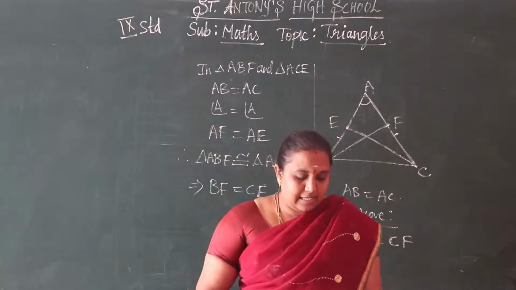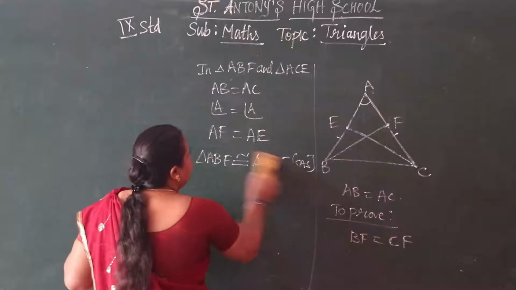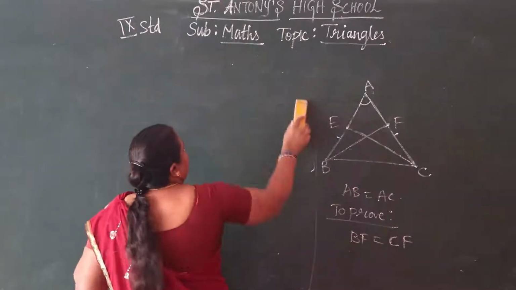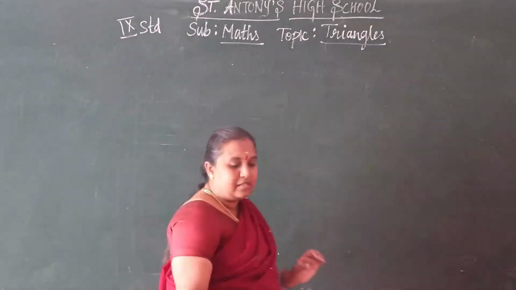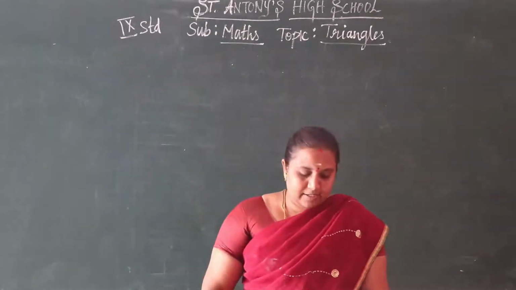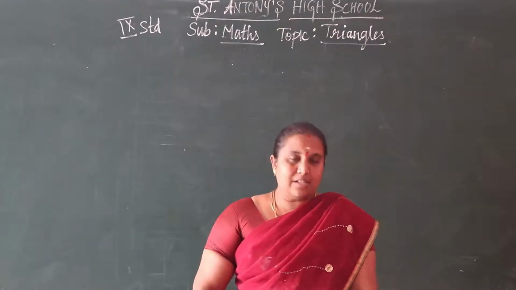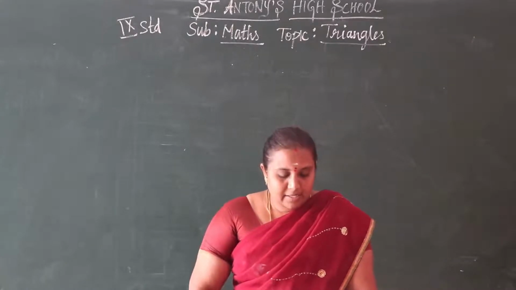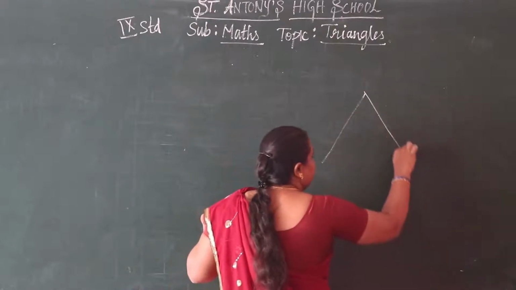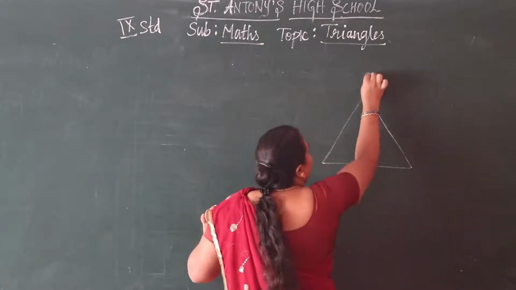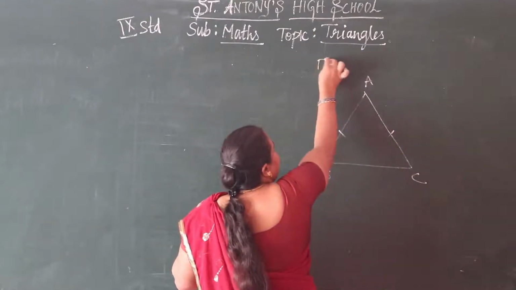So what is example 6? In an isosceles triangle ABC with AB equals AC. Here also we have an isosceles triangle only.